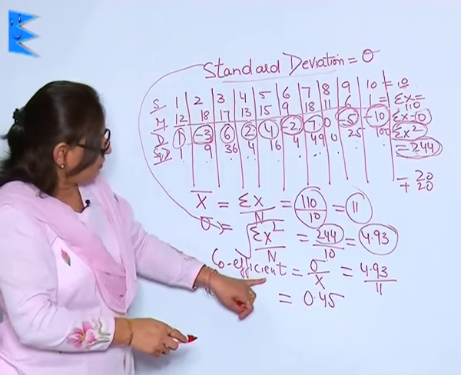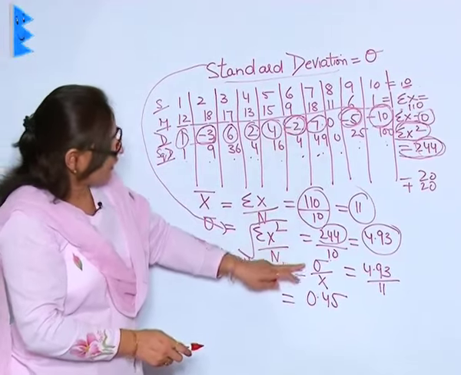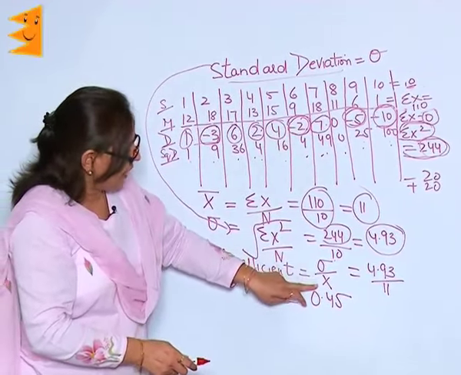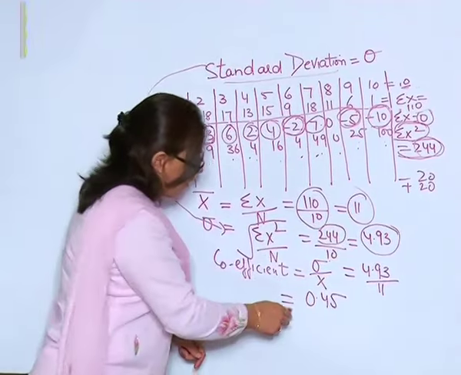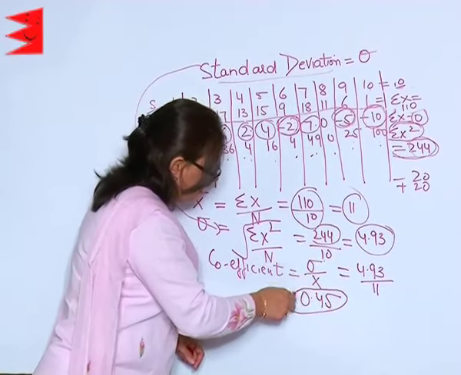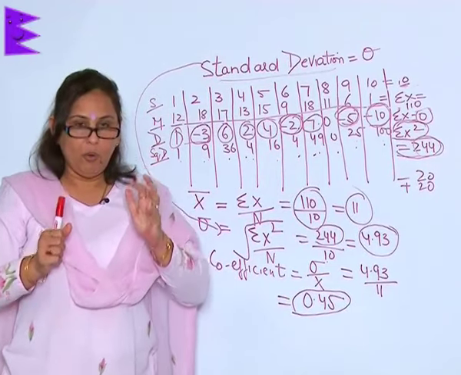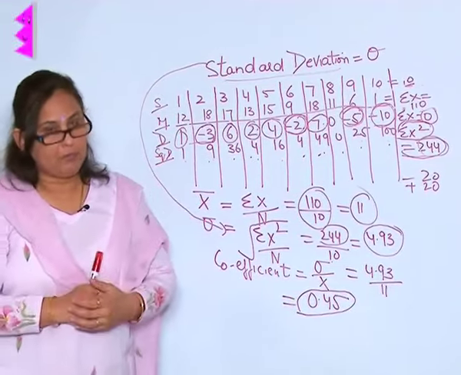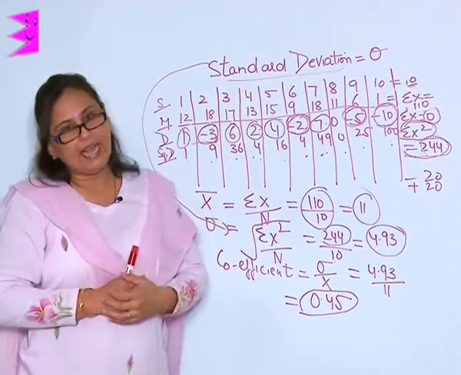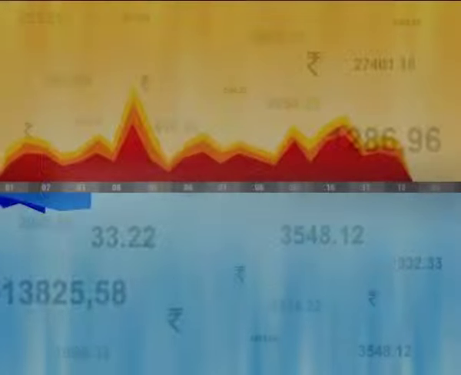The coefficient will be the standard deviation upon x bar, that is 4.93 upon 11, which will give me 0.45. So this was the method of calculating the fourth measure of dispersion called the standard deviation.